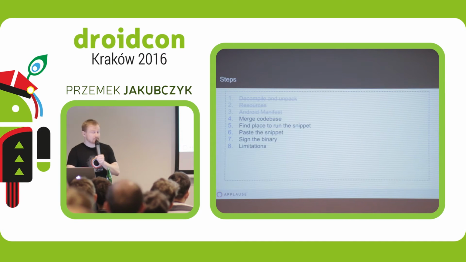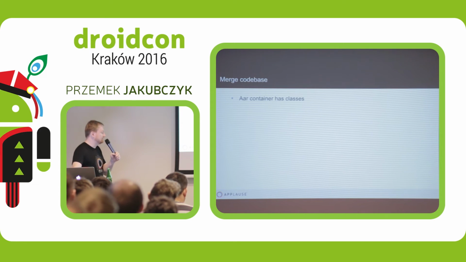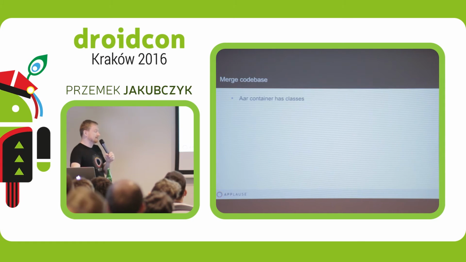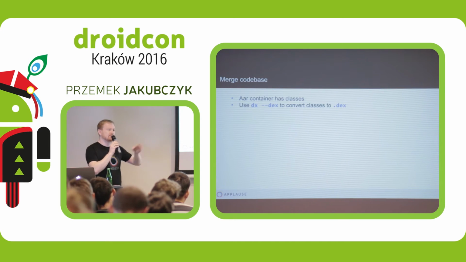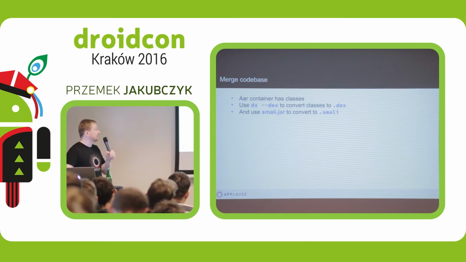Okay, so step 4, merge the code base. The Android archive has classes, and this is not binary code for Android. There's a tool within the Android toolchain called DX, which converts classes to DEX files. You already have this on your laptop.